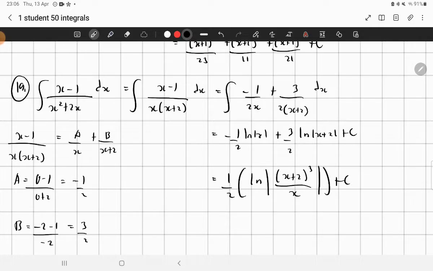Nice. So there you go. Let me check my answer here. I believe sometimes the website doesn't simplify the answer, they leave it as this in particular.